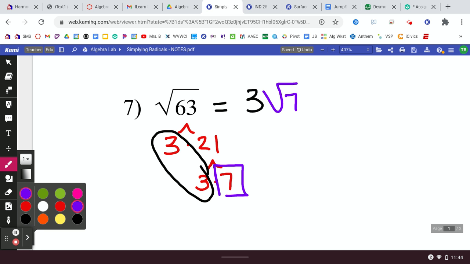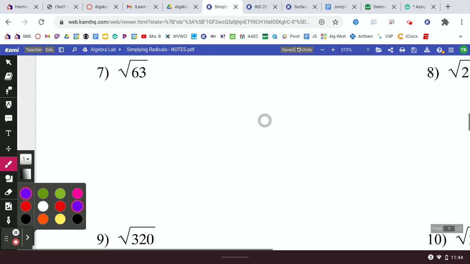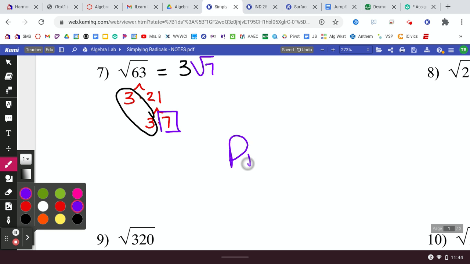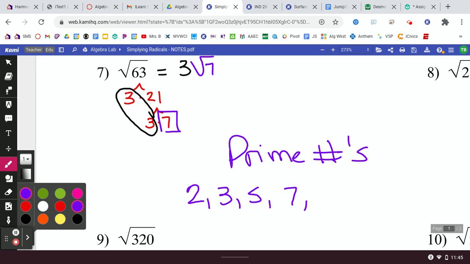So if 2 doesn't work, try 3. All right? If 3 doesn't work, try 5. If 5 doesn't work, try 7. It's always your prime numbers. And if you need it, you can put this in your notes. Prime numbers. Okay? If you're not familiar with them, I would jot these down. They are 2, 3, 5, 7, 11, 13, 17.